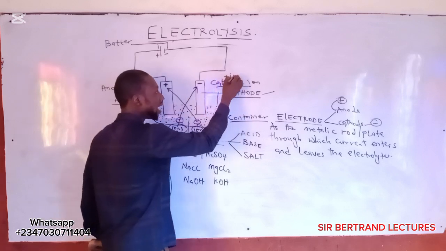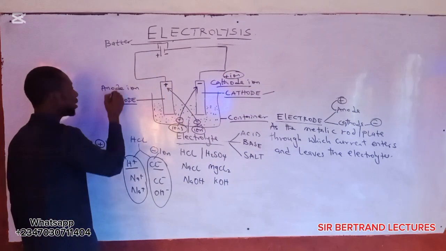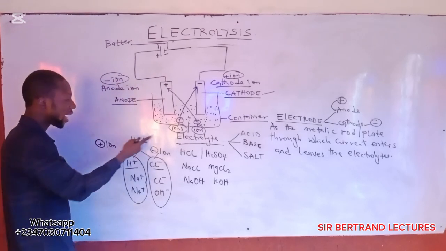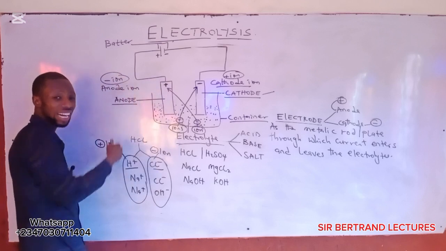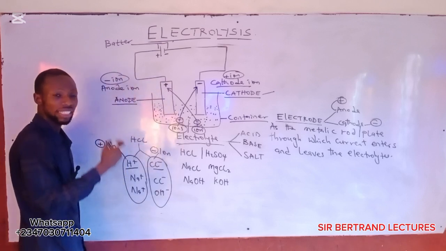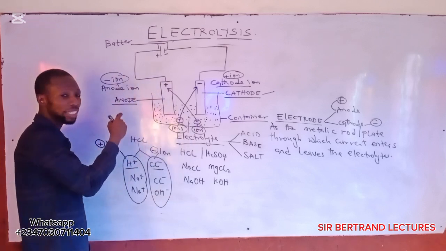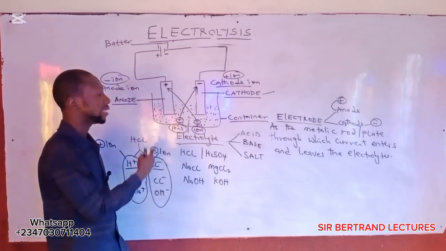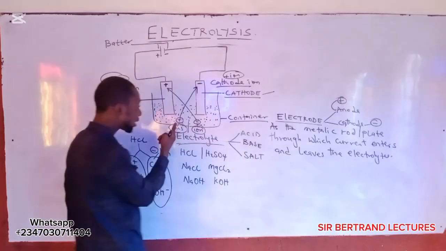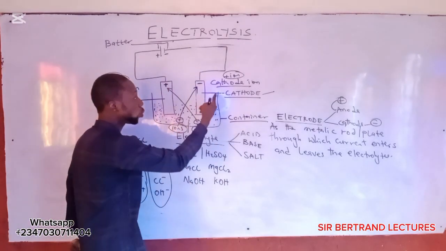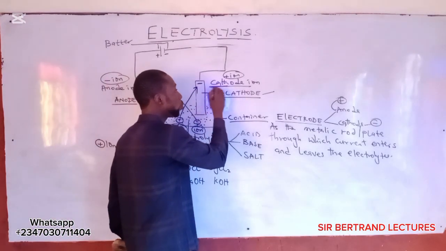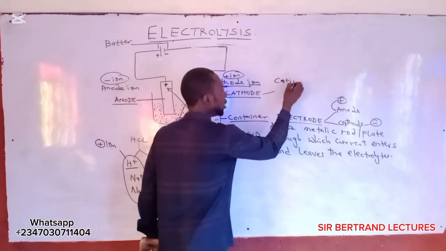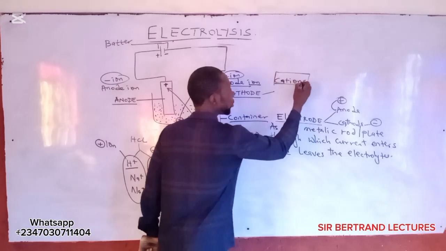Okay, this one is the positively charged ions, while this one here is negatively charged ions. The ions that migrate to the anode during electrolysis are negatively charged, while the positively charged ions migrate towards the cathode. And this positively charged ion that migrates towards the cathode is given another name: from cathode, we have ions, they are known as cations.